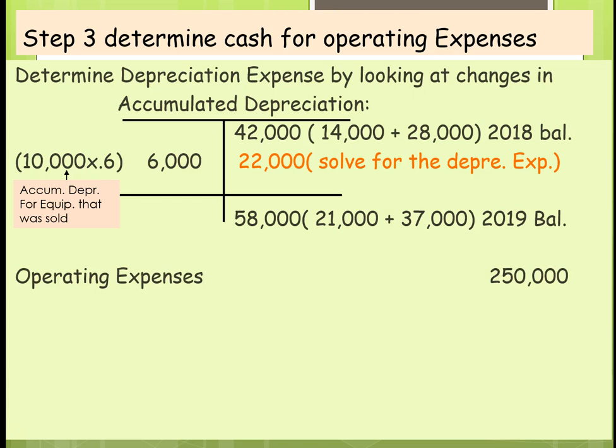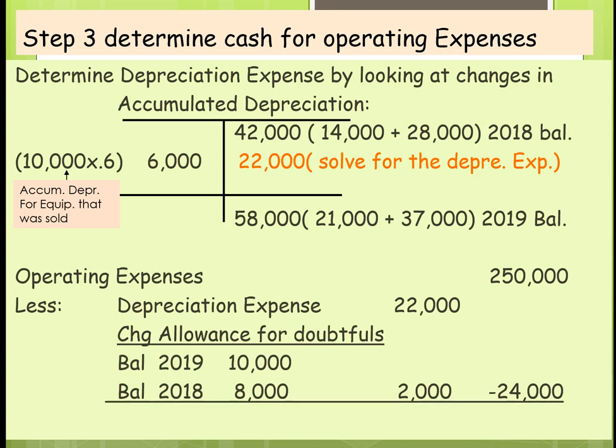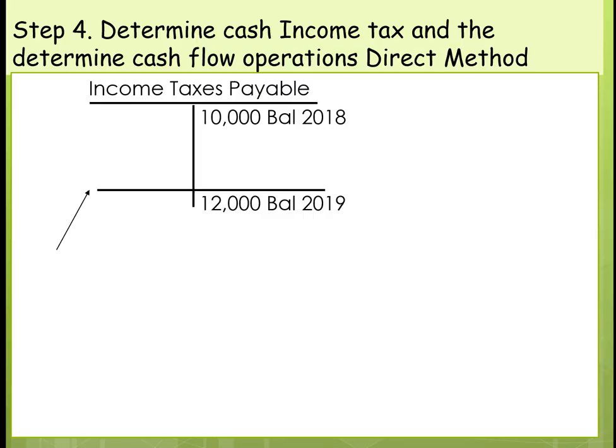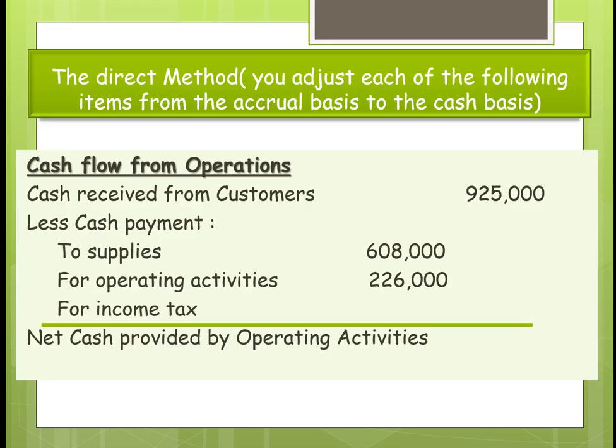So, operating expenses, less depreciation expense, less the change in the allowance account, because you got to remember, if the allowance account went down by $2,000, what that meant is you wrote off some receivables, and that's non-cash. So, depreciation and the decrease in allowance for doubtfuls would reduce our operating expenses by $24,000. Now, then you can take a look at that, where that goes.